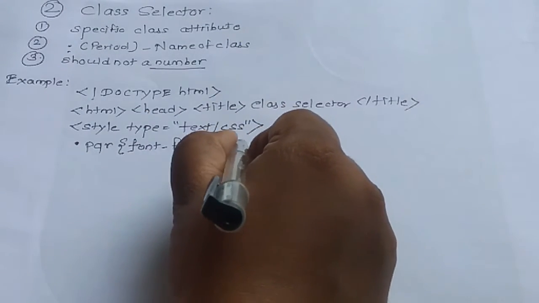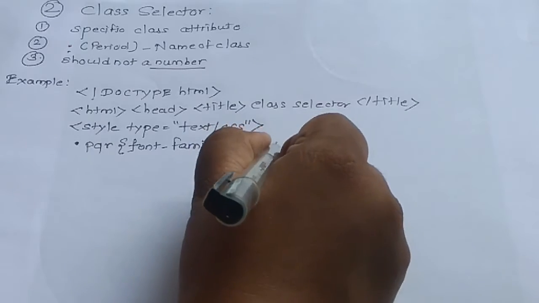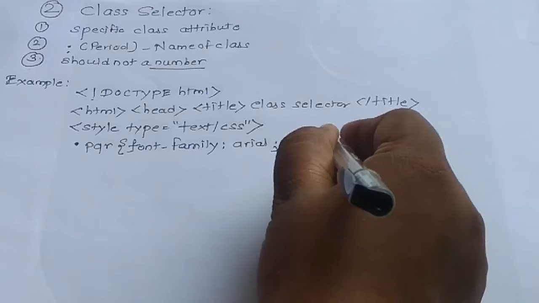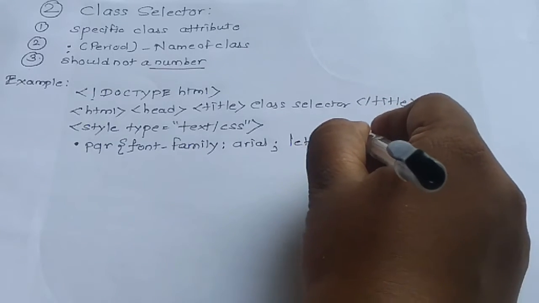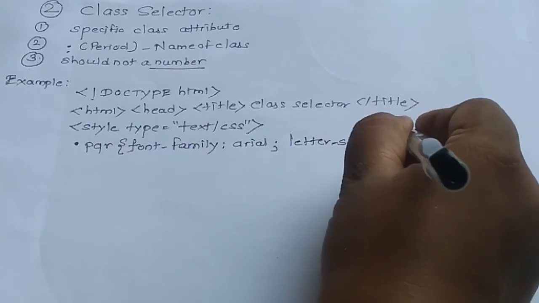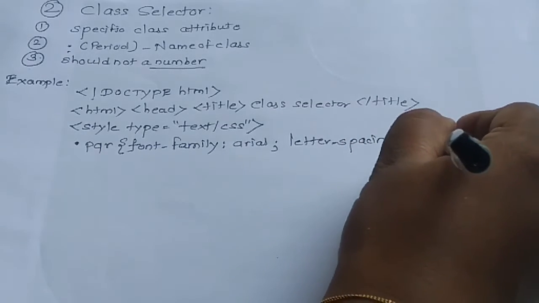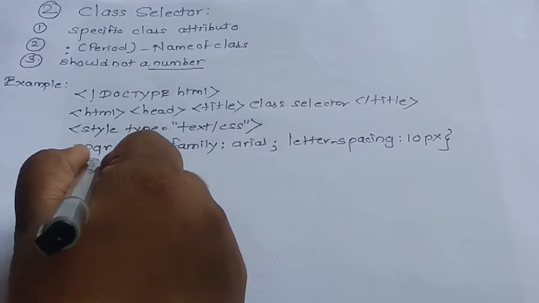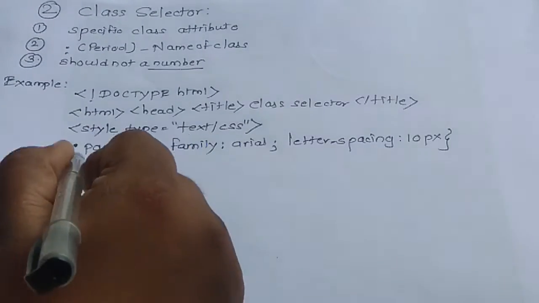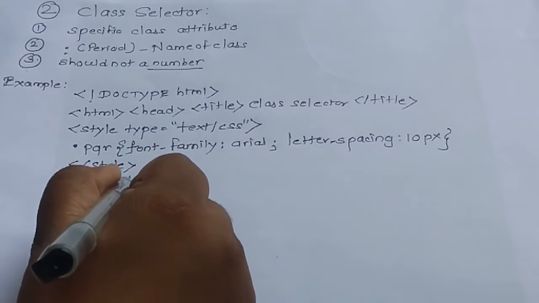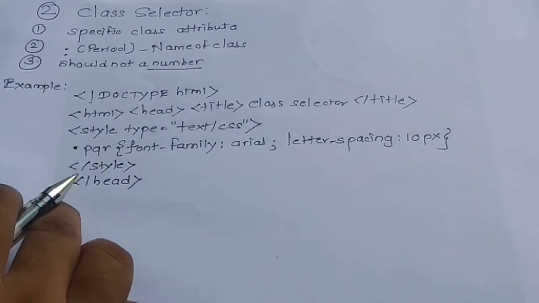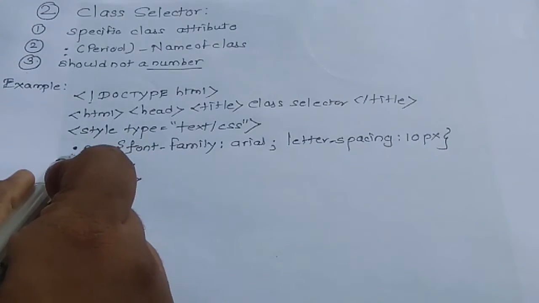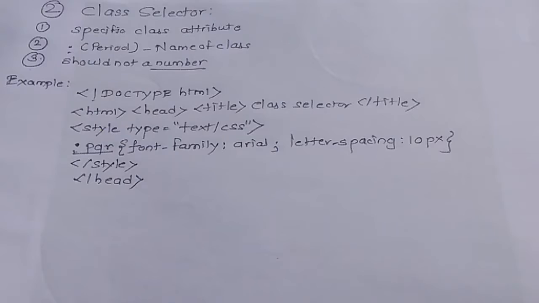Suppose my font name is Arial, which I want to set, and my second property is letter-spacing. For this I will give letter-spacing as 10 pixels. So these two properties I want to set. Then after that close it with /style and then close it with /head. Now we have defined the class selector as dot and class name as PQR.